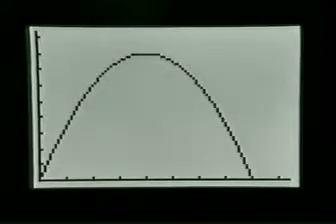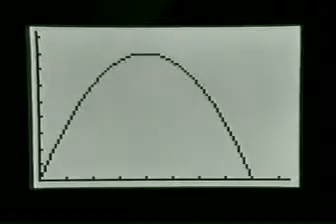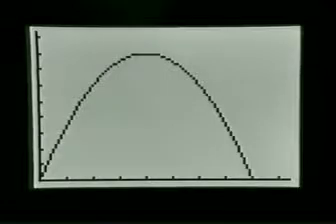That point is when the object returns to the Earth, at the end of 8 seconds. So we have the complete path. Anything beyond this would not make any sense, unless it landed in a well and continued traveling down towards the center of the Earth.